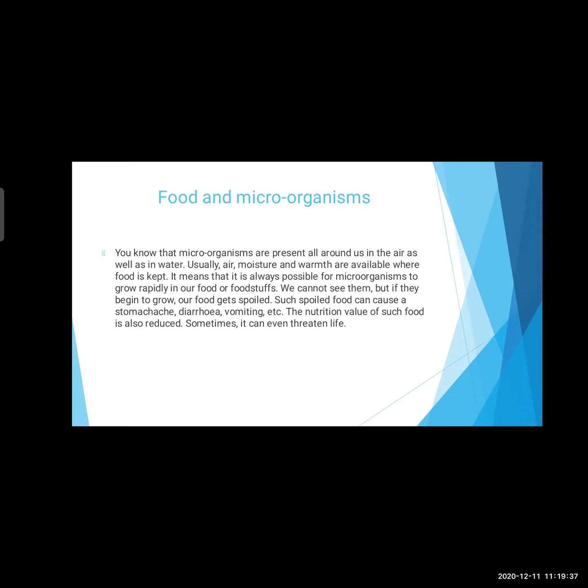If we eat that type of food, what happens? Stomach ache, diarrhea, loose motion, vomiting. बोलते ना, food poison हुआ है. This is called food poison. Nutrition value of such food is also reduced. Sometimes it can even threaten life.